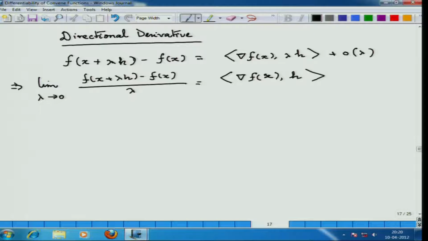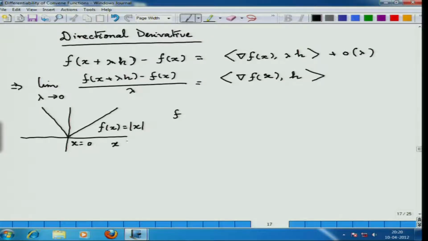But for a convex function, this may not always happen. Again, go back to the prototype example. Look at the point x equal to 0, with the prototype example f(x) equal to the absolute value of x, x in R. Let us look at this case: f of x plus lambda h, with x equal to 0, minus f(x), divided by lambda.